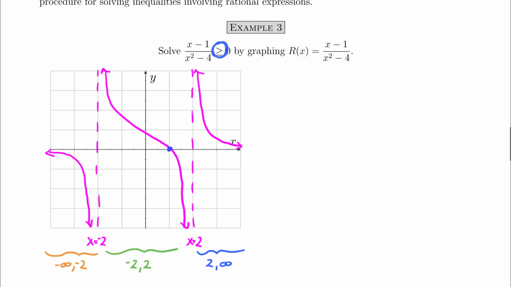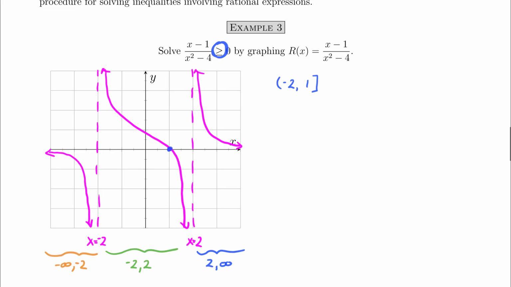From negative infinity to negative 2, the graph is completely below the x-axis, so it's always negative. Then we jump that asymptote, and now it's positive until we get to 1 on the x-axis, and then it falls below the x-axis and goes negative. So what that tells us is that our first interval is from negative 2 to positive 1.